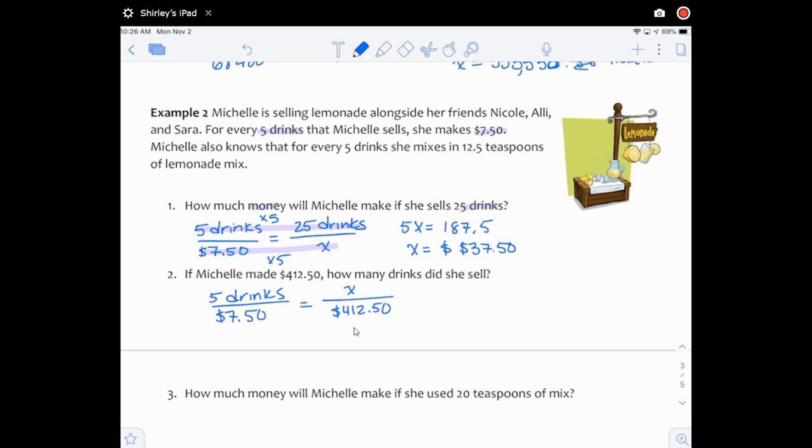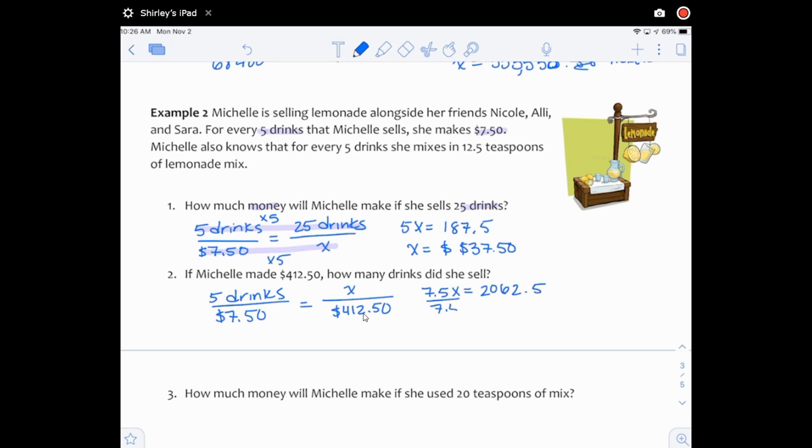So when I look at this, I don't really see an easy scale factor. I don't know what 7.50 scales by to get 412.50. So I'm just going to go very straightforward cross product method here and do 7.5 times x to get 7.5x, and then 5 drinks times 412.5 gives me 2,062.5.